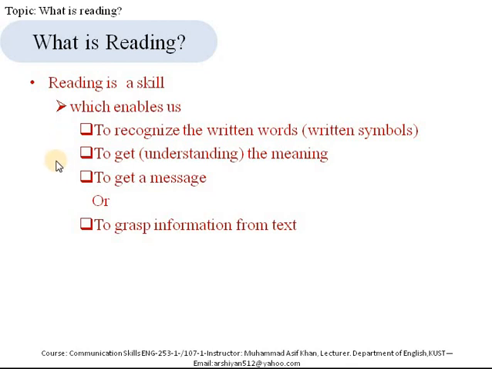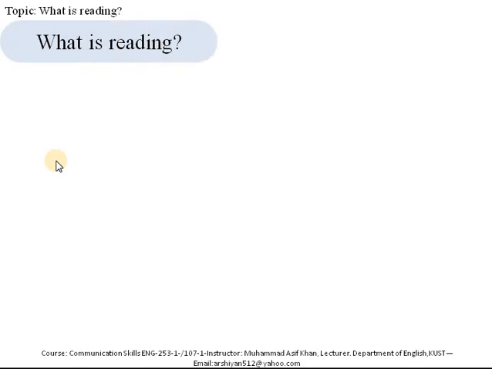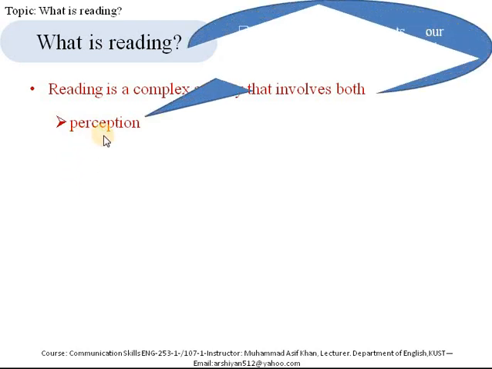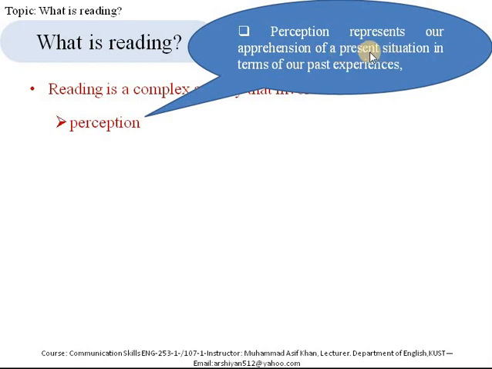Now, if we explore further, reading is a complex activity, and it involves both perceptions and thoughts. By perceptions, I mean that it represents our apprehensions of the present situation in terms of our past experiences.